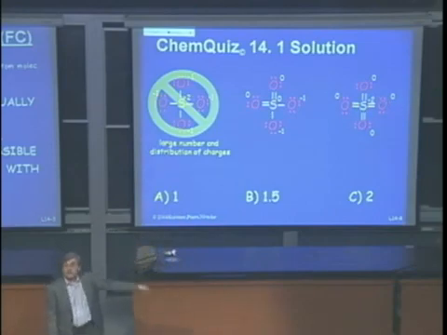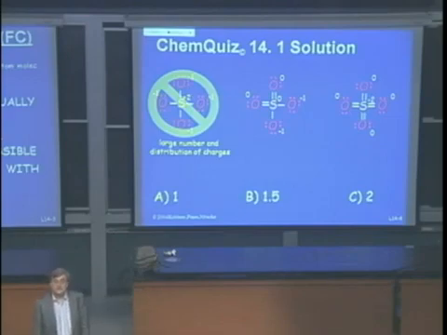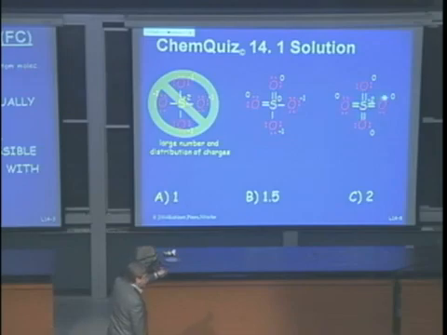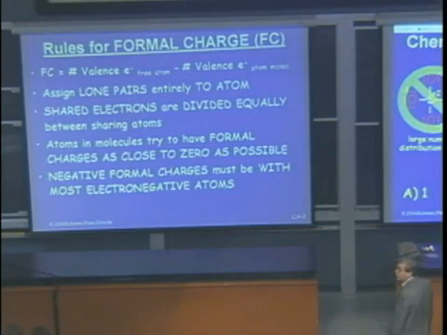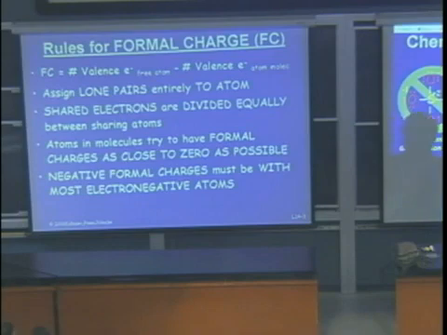Can somebody tell me what's wrong with that? The more electropositive atom has the negative charges. That means the negative formal charges must be with the most electronegative atom. So is oxygen or sulfur more electronegative? Oxygen is more electronegative. So negative charges on the less electronegative atom, out with it, okay?